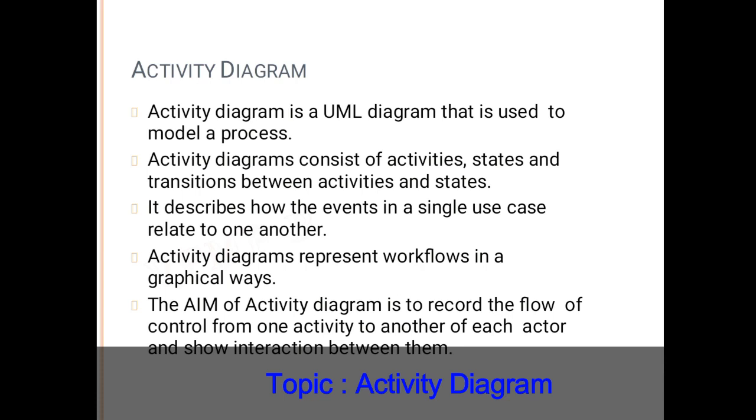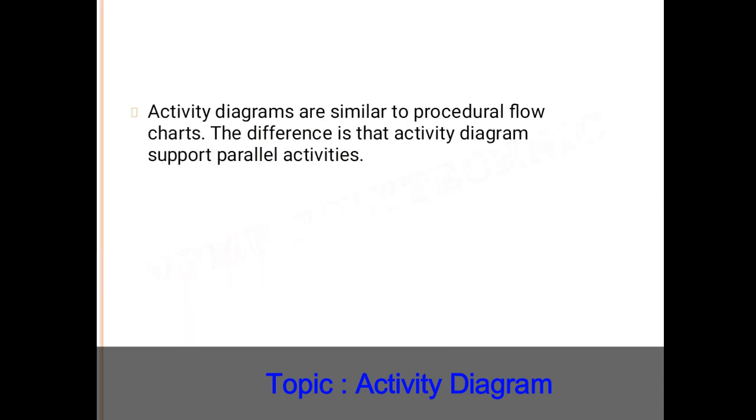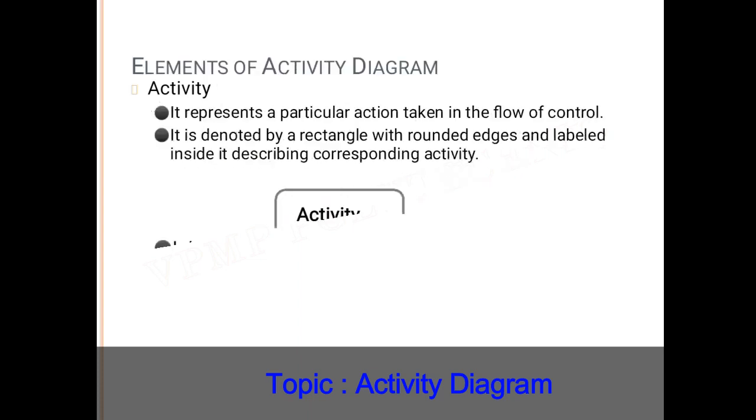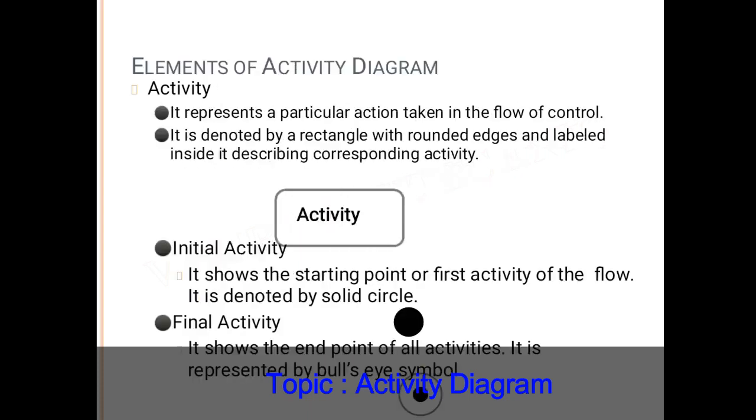This is known as a workflow in a graphical way. Activity diagrams are similar to procedural flow charts, and the difference is that activity diagrams support parallel activity. Now here is the description of every symbol of the activity diagram.